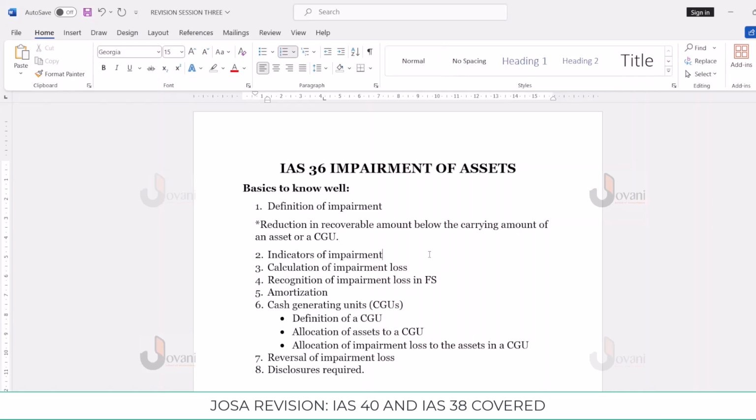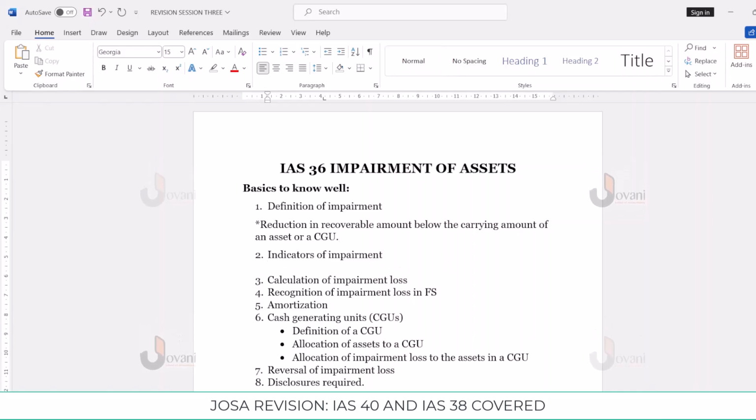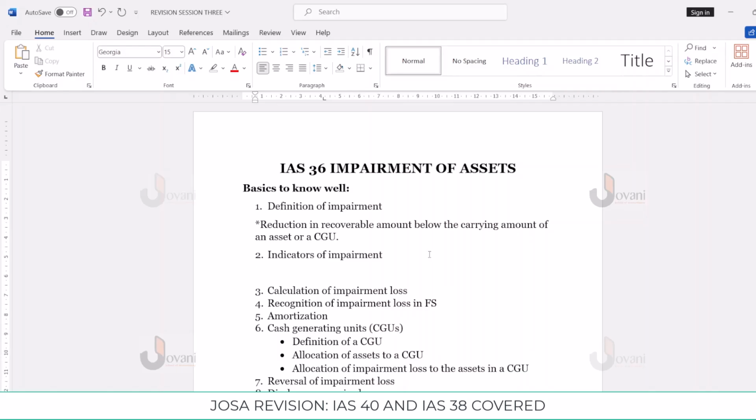Secondly, amongst the basics to know, we've talked about indicators of impairment. How do we know that the carrying amount of an asset is above the recoverable amount? There are two indicators. The first one being external indicators, then the second one being internal indicators.